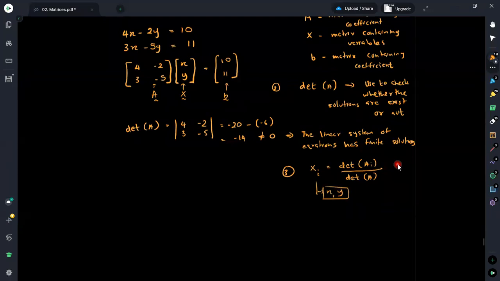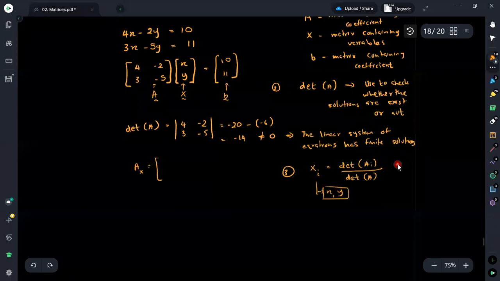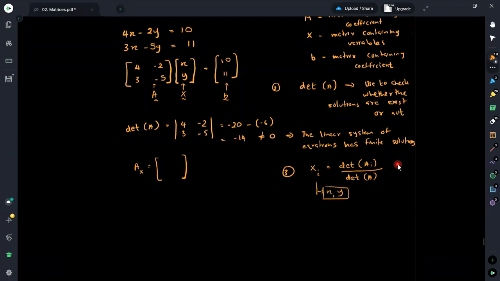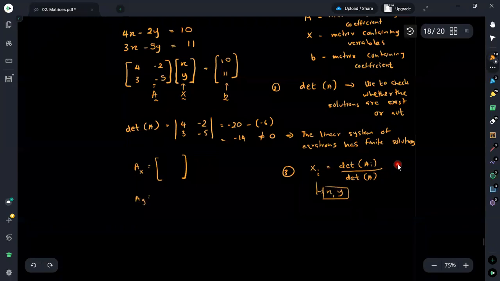Instead of i we have the variable x, and instead of i we have the variable y. Therefore, I will take these two matrices. Here I would like to call it matrix Ax. This is also a 2 by 2 matrix, because our coefficient matrix is a 2 by 2 matrix, and then I have to take the matrix Ay.